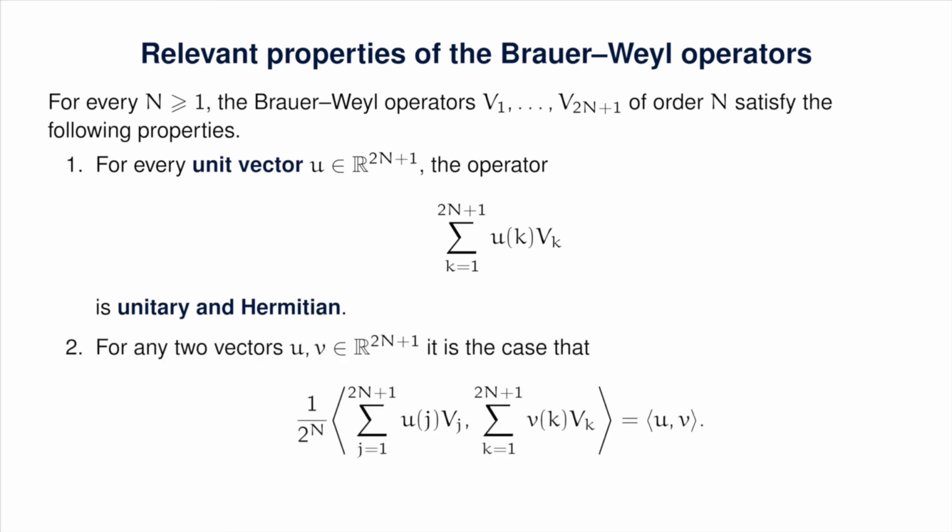The second property is that if we take any two real linear combinations of the Brauer-Weyl operators, with coefficients represented by vectors u and v, which aren't necessarily unit vectors in this case, then the inner product of the resulting operators will always be 2 to the n times the inner product between the vectors. These properties aren't difficult to prove, and we'll take a moment now to prove them.